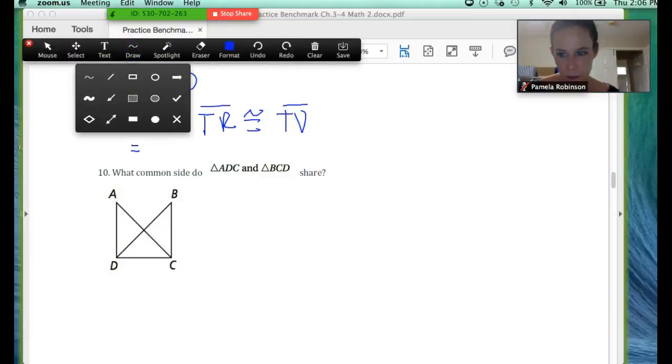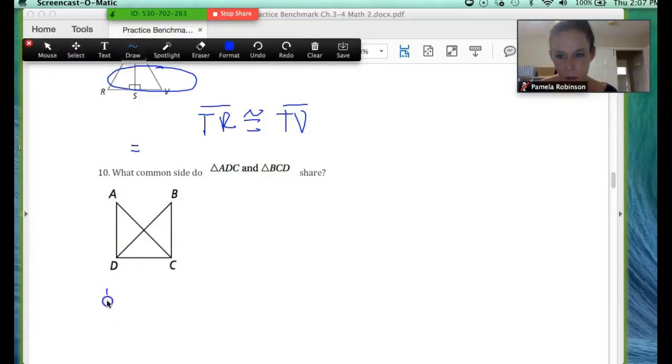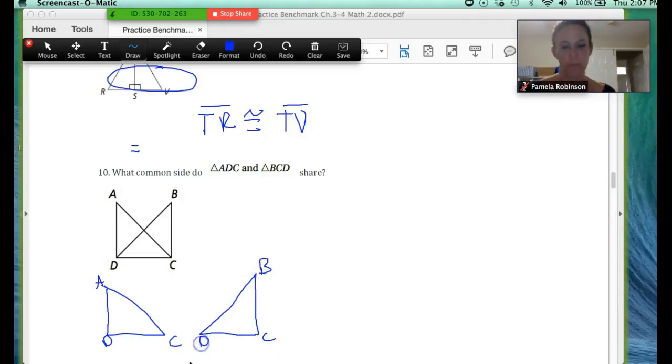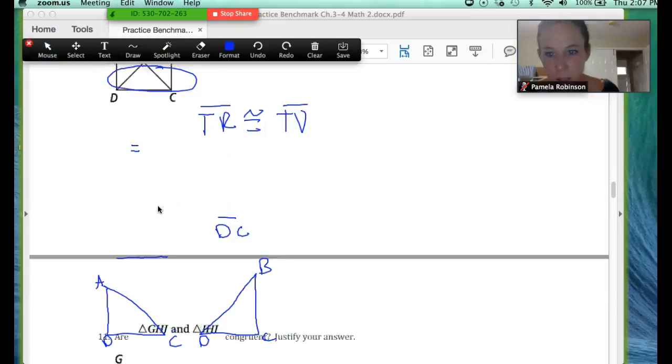You can just draw them like this if you need the visual of them broken apart, but you should be able to see which side they share because it's on top of itself. You can see DC is the same in both. This is the side they share, DC.